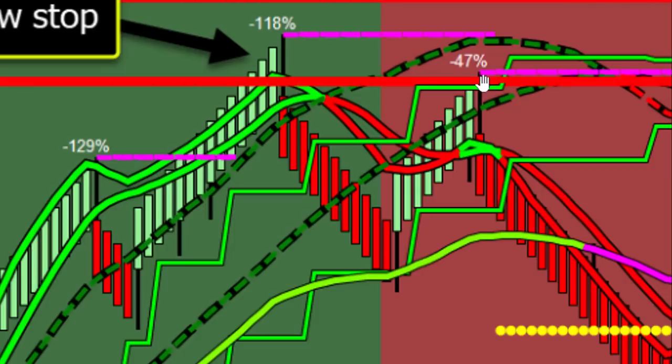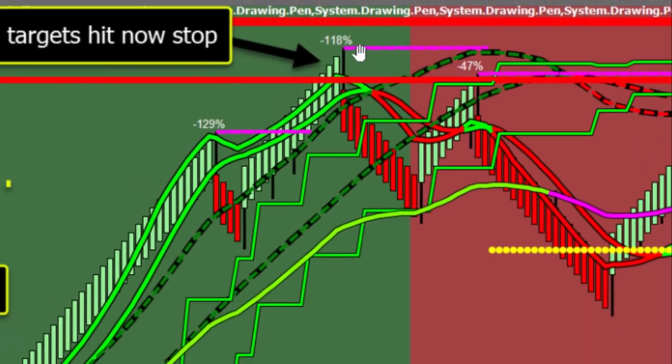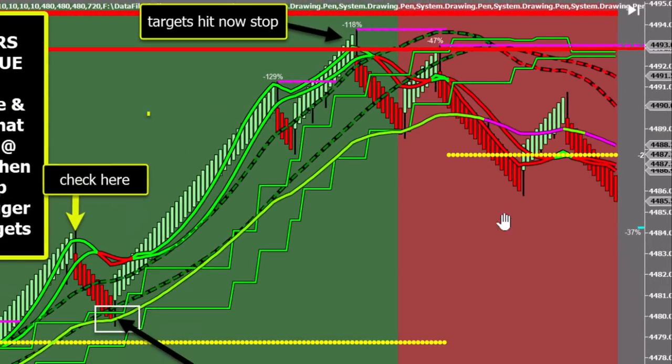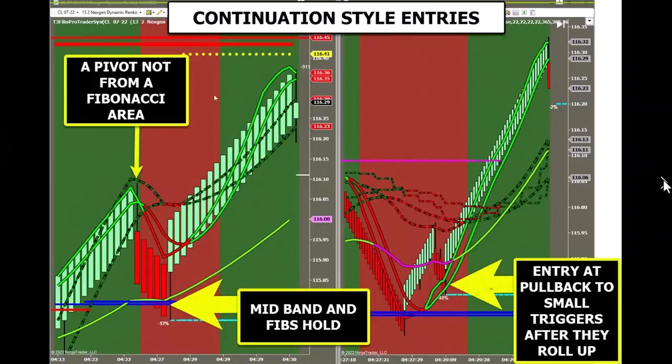So you can take half off, get your stop down real tight, and then obviously with a lower divergence from fibs with the small triggers inside, the market's probably going to go back down again. So you'll start to be able to read your charts very effectively, and divergence will not take you out of a position unless there's a really good reason, like the small triggers are inside, or there's a higher lower, or 3 divergences.